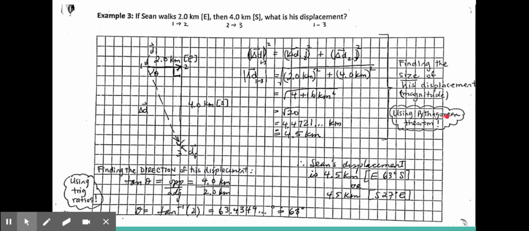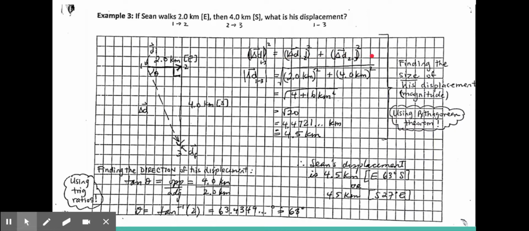Pythagorean theorem is, if you recall, for right angle triangles, and it's the relationship between the hypotenuse, or the longest side of the triangle. The longest side of the triangle happens to be the displacement we're looking for. It's opposite to the biggest angle of the triangle, 90 degrees. So hypotenuse squared is the sum of the other two sides squared. And I'm just writing this out.